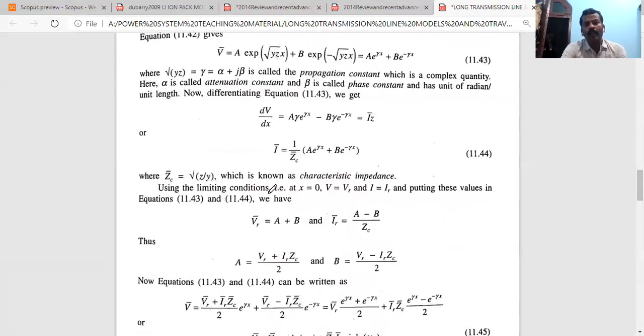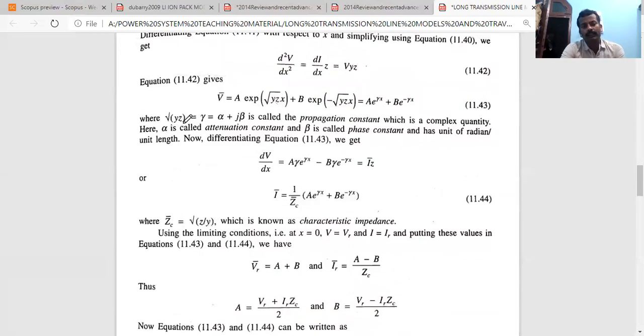This root YZ is known as the propagation constant. You have to remember it. It will be equal to alpha plus j beta, where alpha is the attenuation constant and beta is the phase constant.